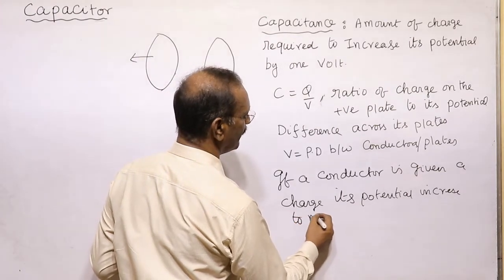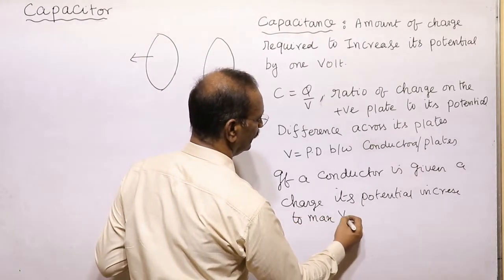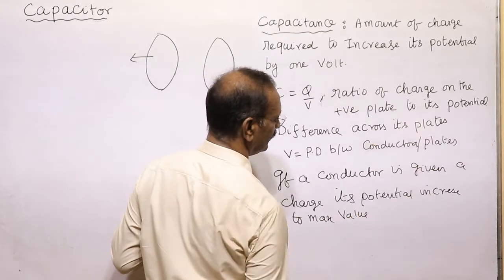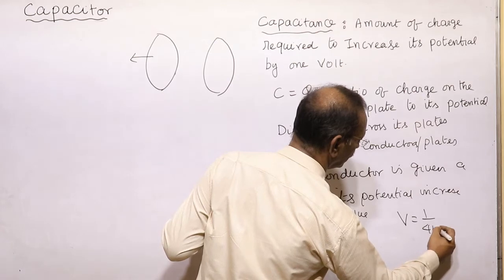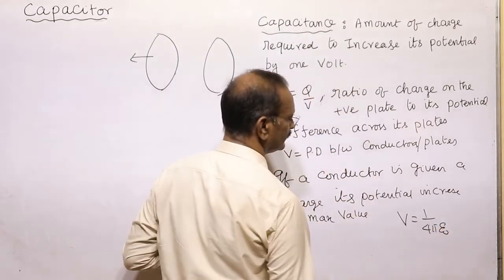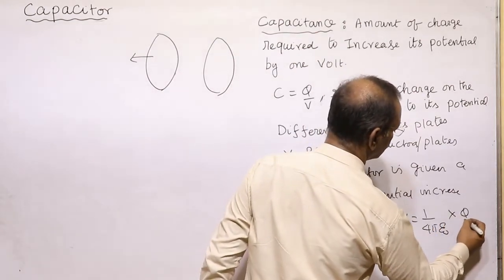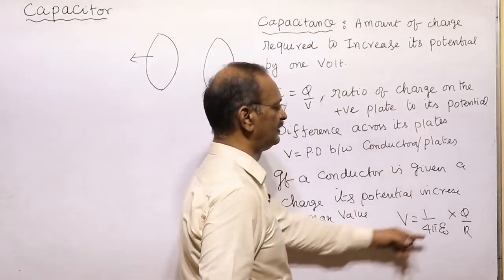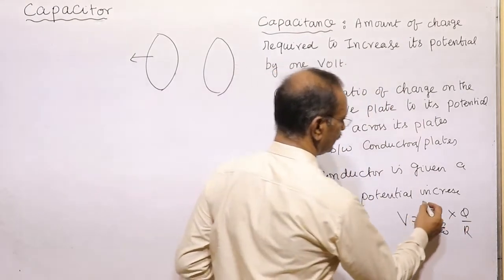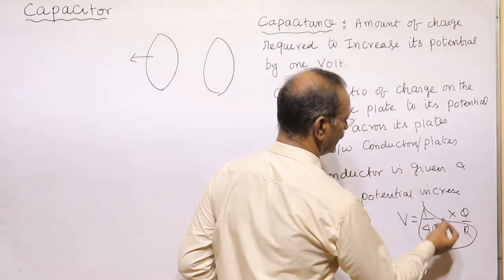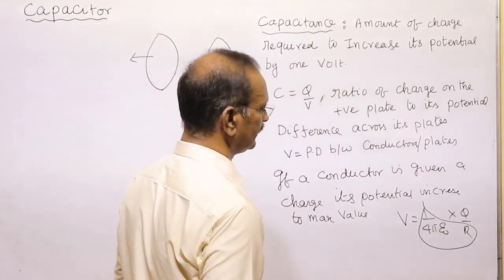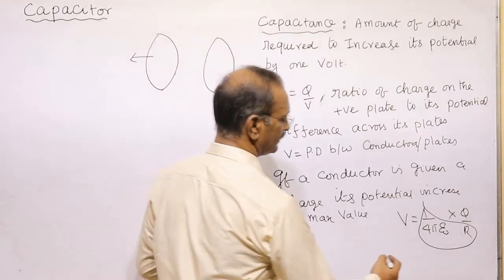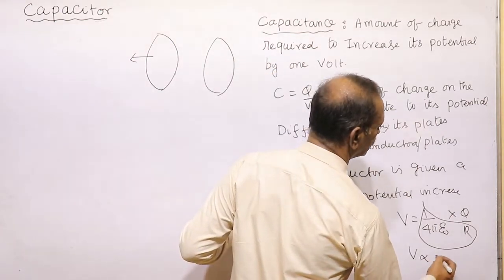Why? Because potential is equal to 1 by 4 pi epsilon naught into charge by R. 1 by 4 pi epsilon naught is a constant, and R is the radius of the conductor, which is fixed. So potential is directly proportional to charge.